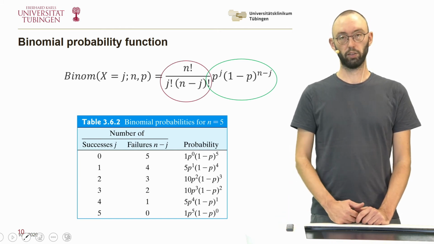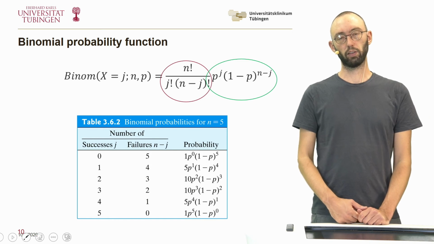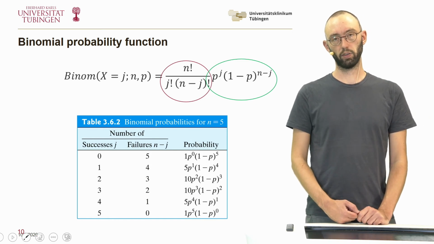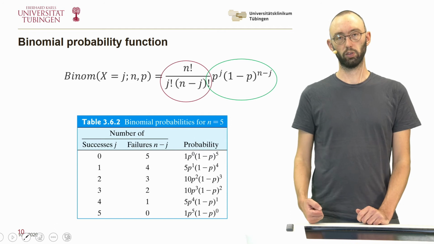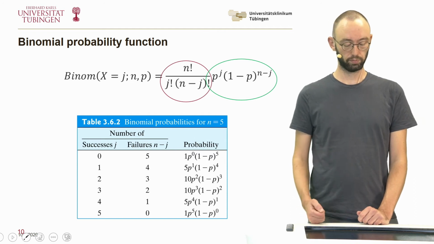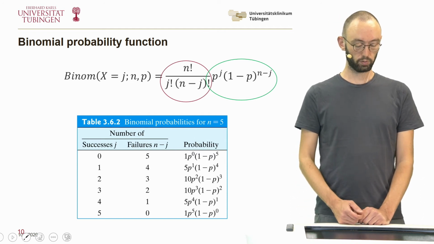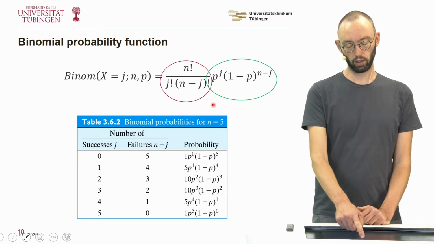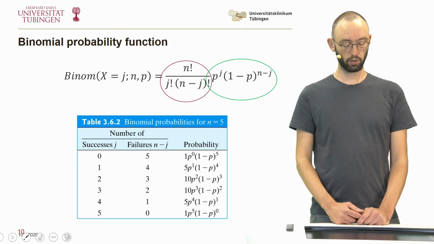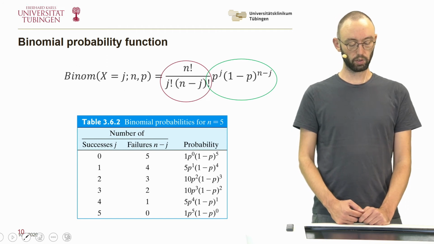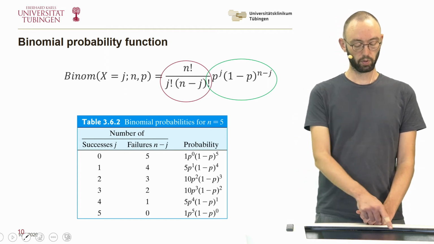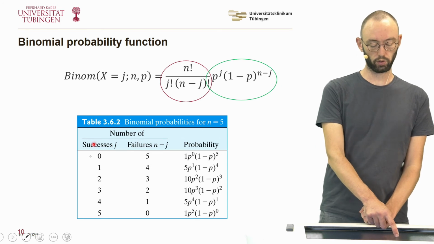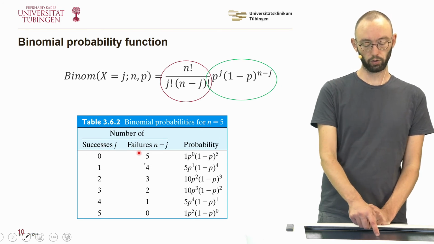The former part here comes from the fact that the outcome of these Bernoulli trials is not in a fixed order, but all orders are possible. So here's a table showing for an n of 5, so n independent Bernoulli trials, the possible outcomes. Either we observe 0 successes and 5 failures.